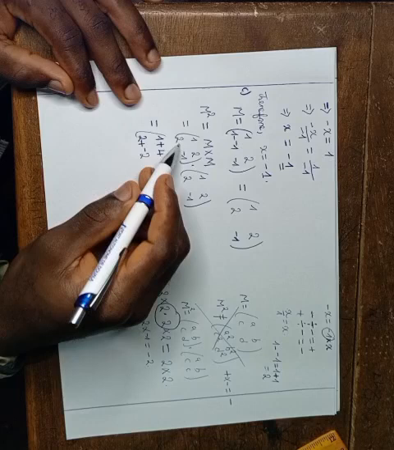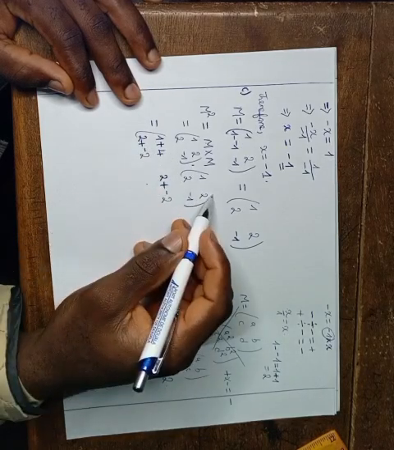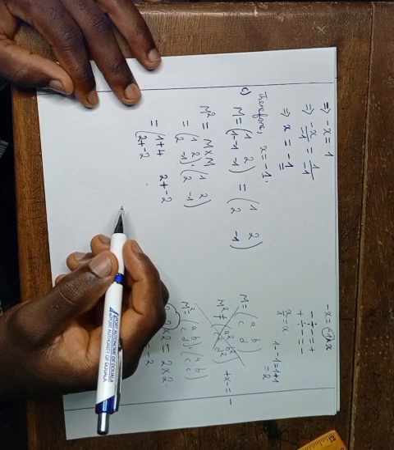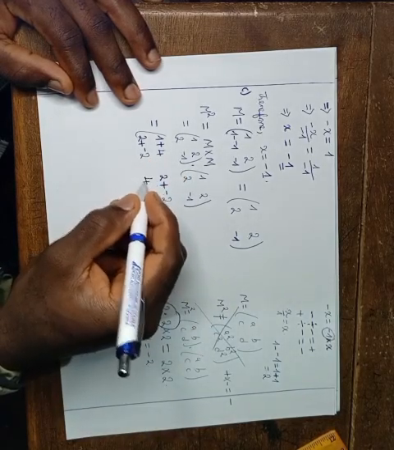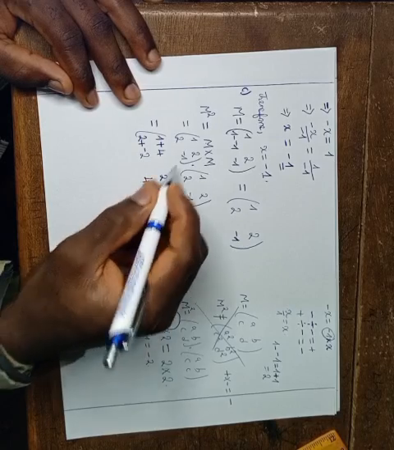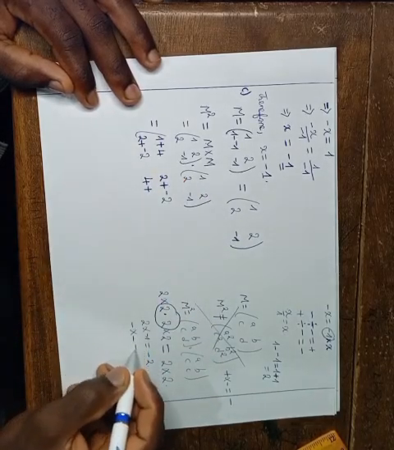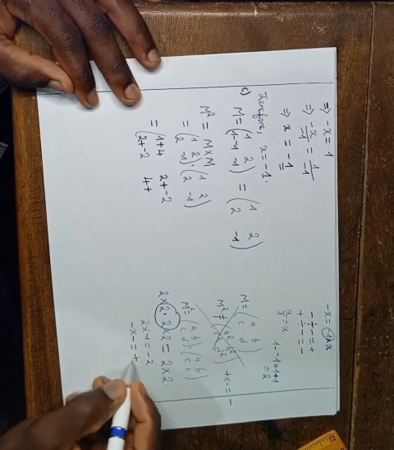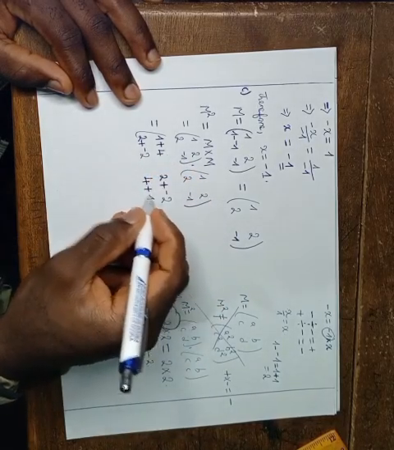We take the second row of the first matrix and multiply by the second column of the second matrix. 2 times 2 gives us 4, plus negative 1 times negative 1. When we multiply two negative numbers, the resulting sign will be positive. So negative 1 times negative 1 will give us 1.